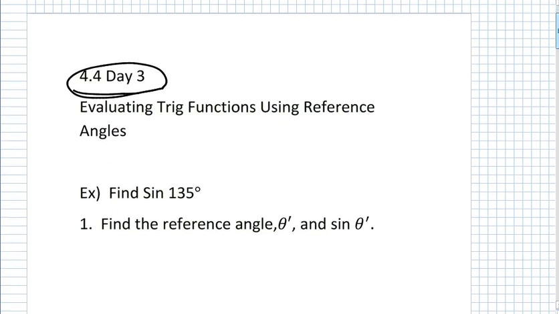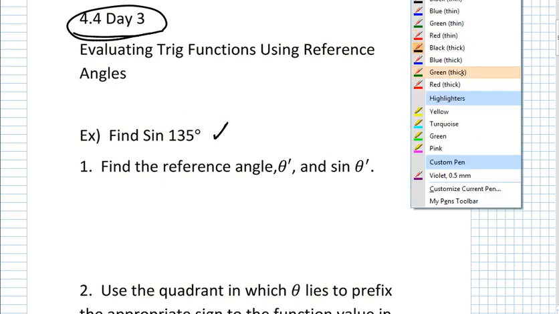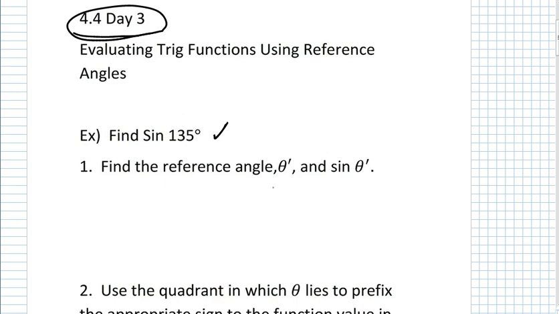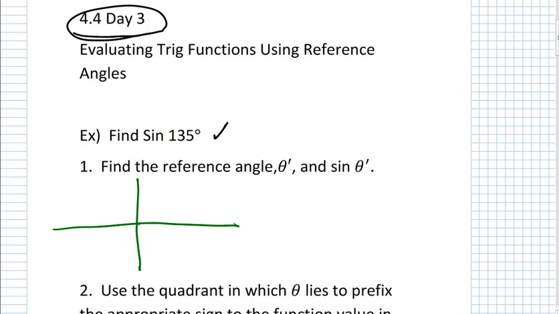So for example, if I wanted to find the sine of 135 degrees, what I would do is find the reference angle of theta. Understand that 135 degrees, if I drew the picture, would end up in the second quadrant looking like this.